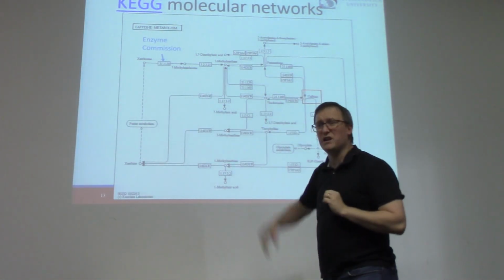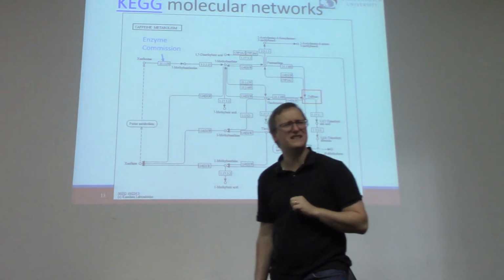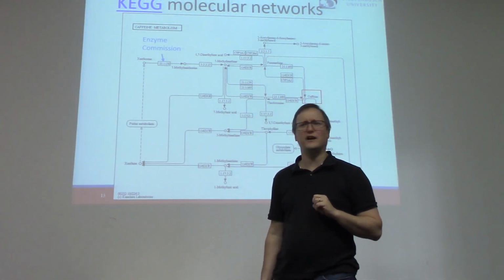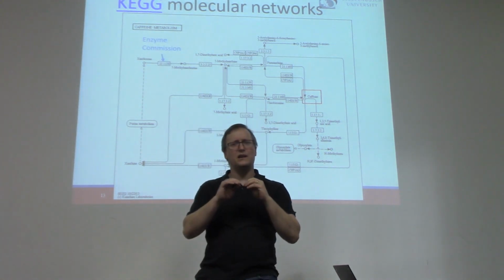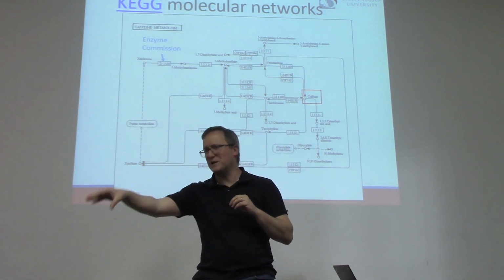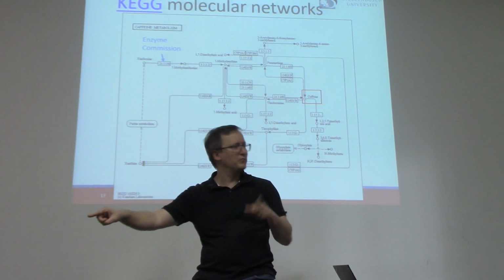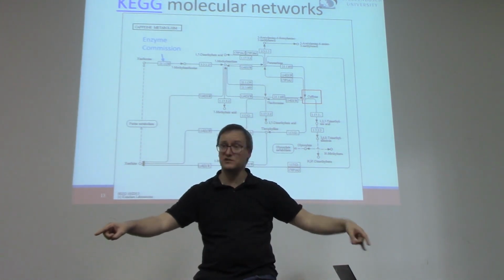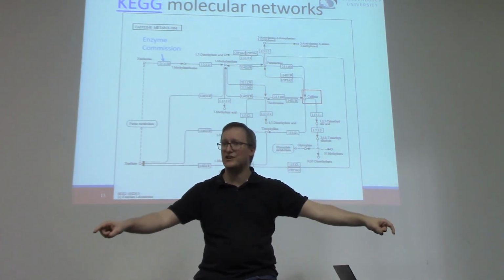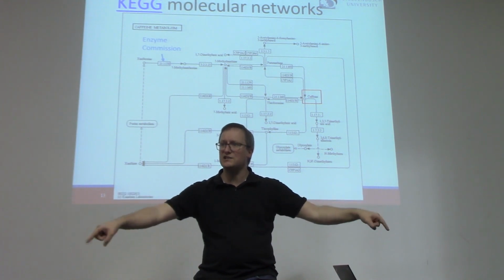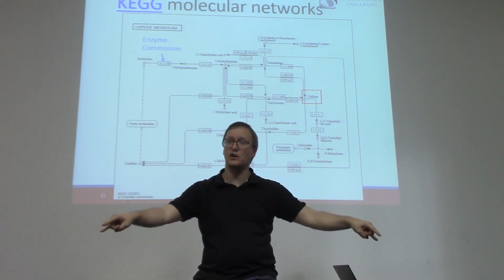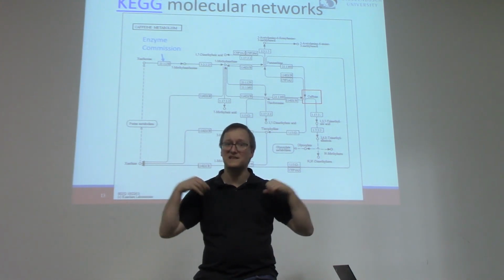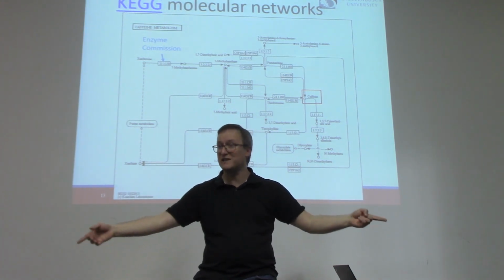These are Enzyme Commission codes. Has anyone heard of Enzyme Commission codes? Very valuable. When we try to say this activity in this species is handled by this gene, and that same activity occurs in another species and it's handled by that gene, we can relate these 2 genes together by saying these should have the same Enzyme Commission code because they represent the same activity in multiple species.